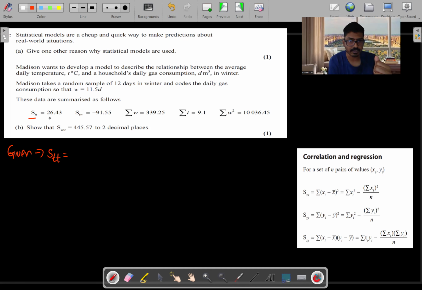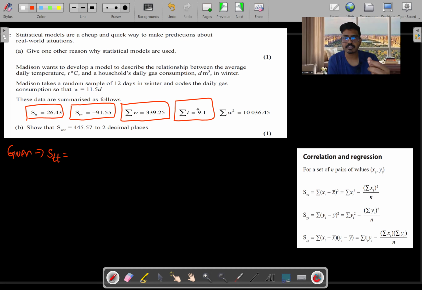STT is 26.43, STW is negative 91.55, sigma W is 339.25, sigma T, the total average temperature, is 9.1, and then sigma W square in winter session. These are the data already given by the examiner.